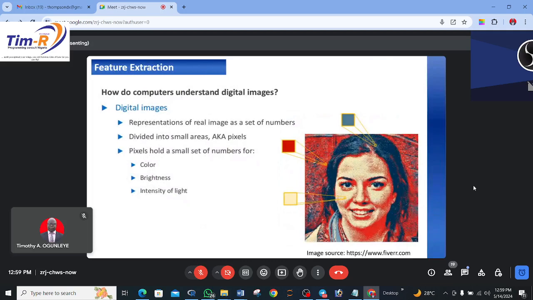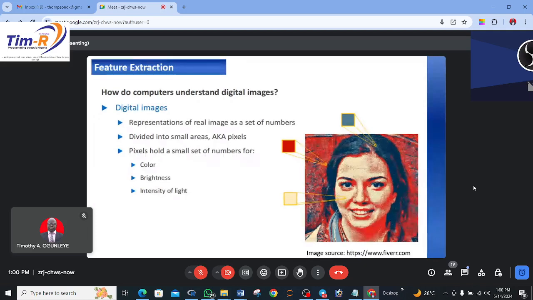Now, let us talk about feature extraction. Now, what is feature extraction? It has to do with extracting the features that are going to be useful during the training process of the model. And one thing there is, how do computers understand digital images? If you want to train images, how do computers understand them?